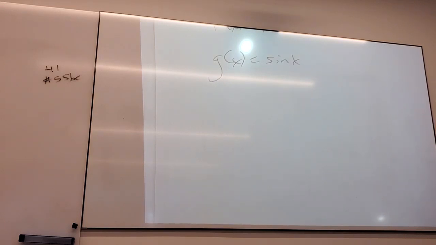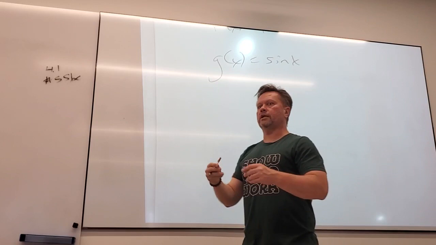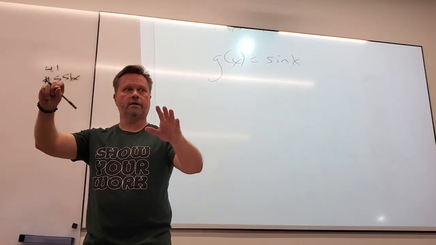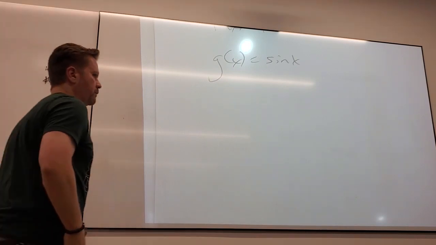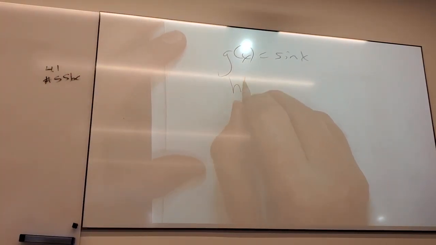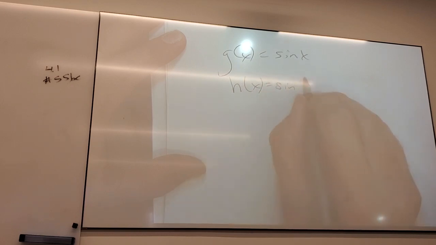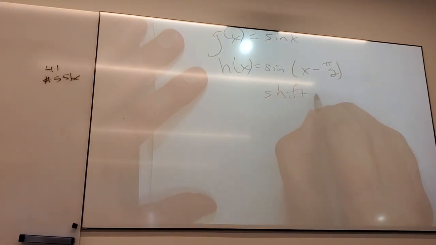So today I want to show you some shortcuts about graphing these things, instead of applying every single shift. Last time we talked about what happens if I put, for example, let's see if you guys remember this, what if I put in here, what would that do? Shift to the right pi over 2. Yeah, it would shift right by pi over 2.